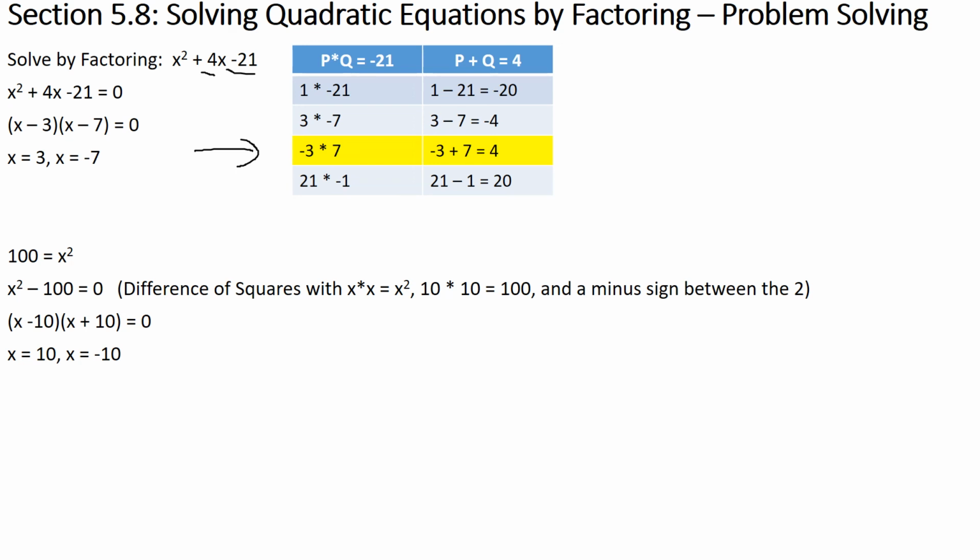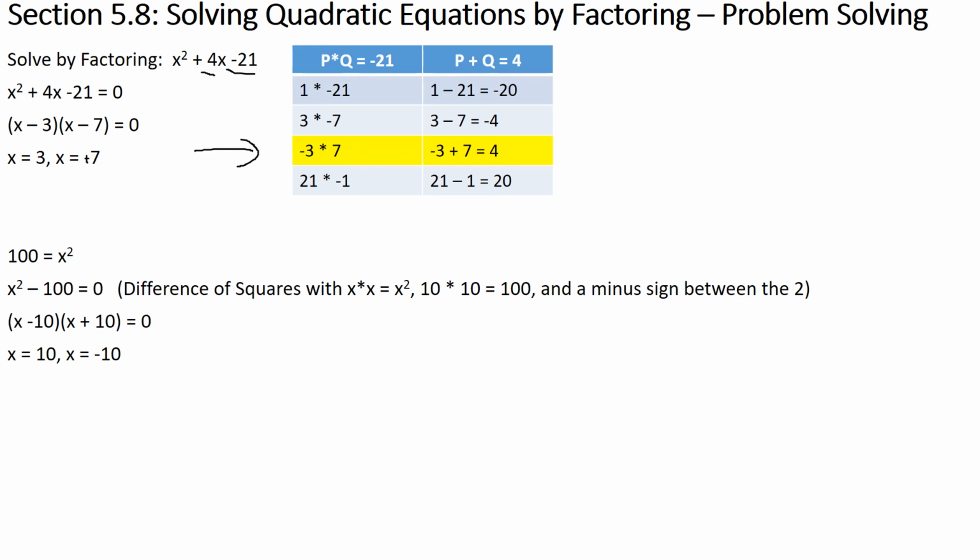If I put in 3 for x, the whole equation equals 0: 3 minus 3 is 0, and 0 times 10 is 0. My other answer is negative 7. Negative 7 plus 7 is 0, so the whole thing would equal 0.